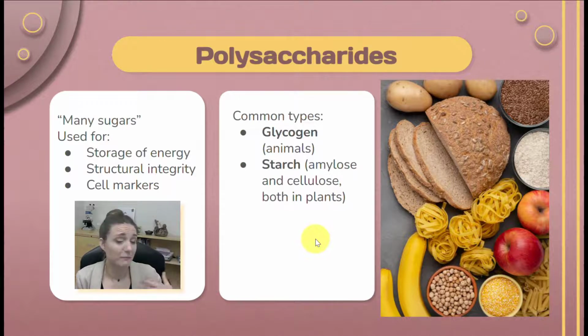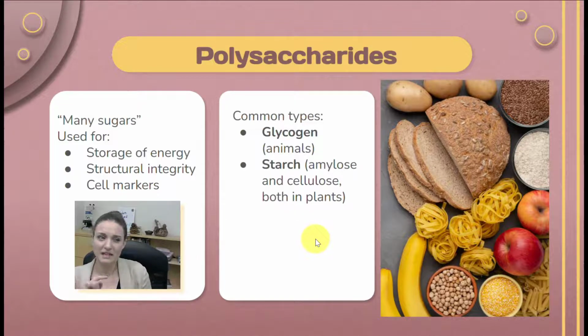Some might have branching, some might not, right? So these polysaccharides have a slightly different function than the monosaccharides. They're still often used for energy, but it's a form of energy storage. So it's a way to store energy so that we can access it, but not quite as readily accessible as a monosaccharide.